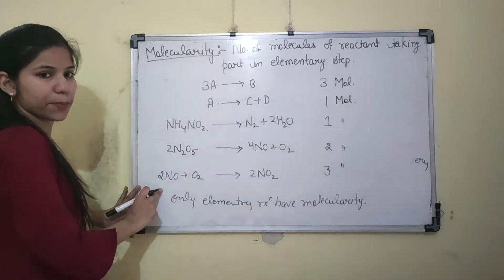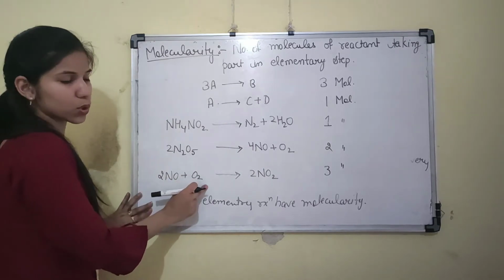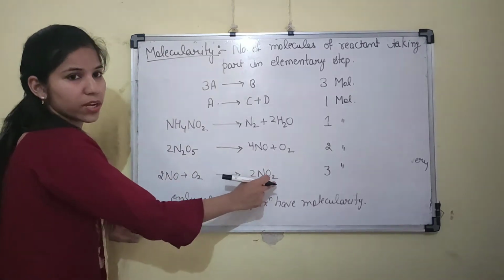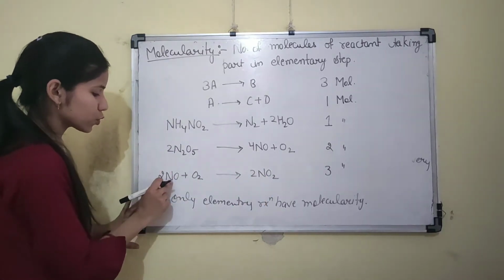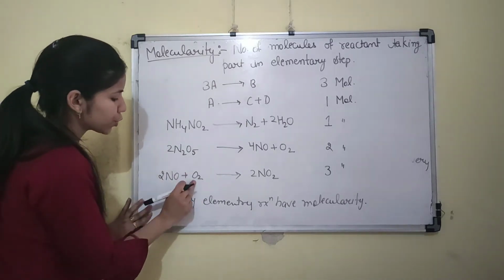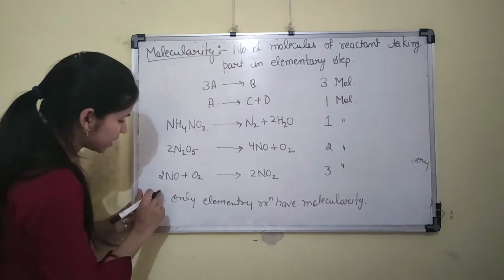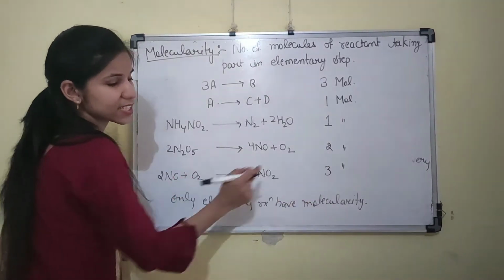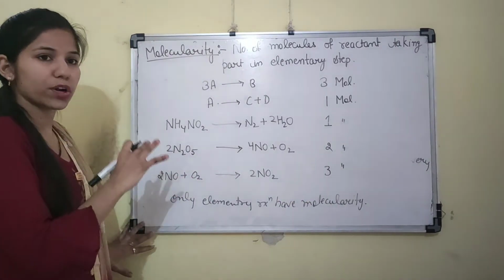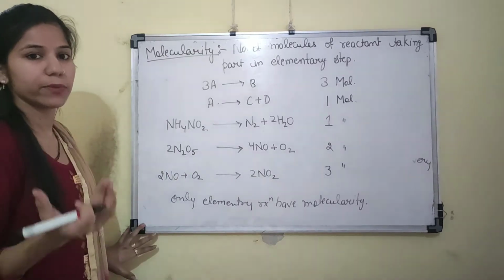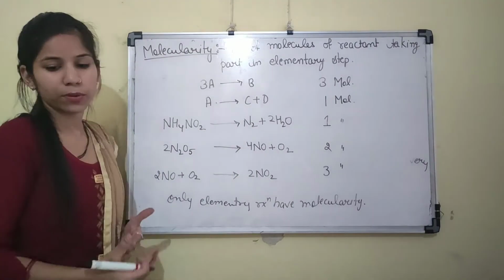The next example is 2NO plus O2 gives 2NO2. There are 2 molecules of NO and 1 molecule of O2, so 2 plus 1 is 3, so the molecularity is 3. Only elementary reactions have molecularity.